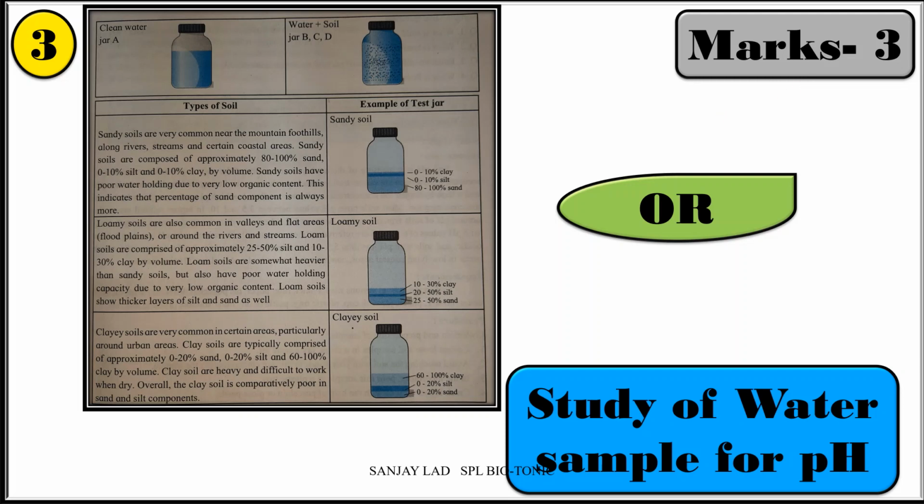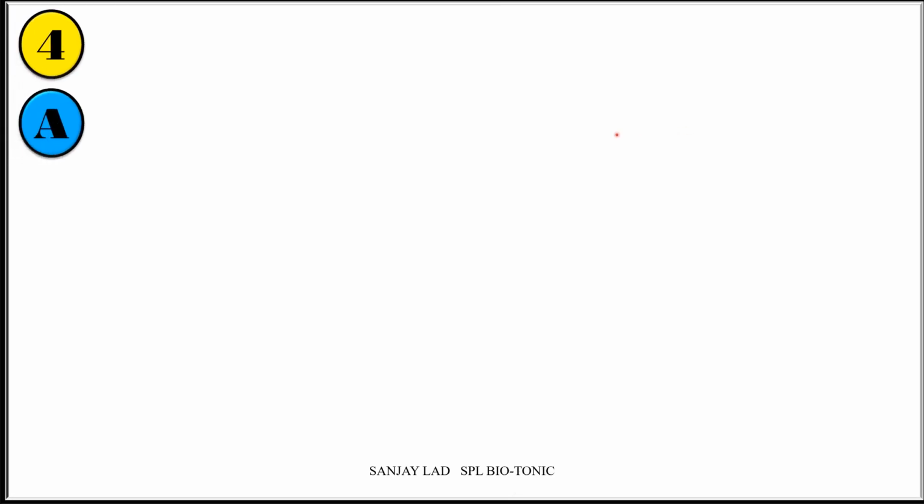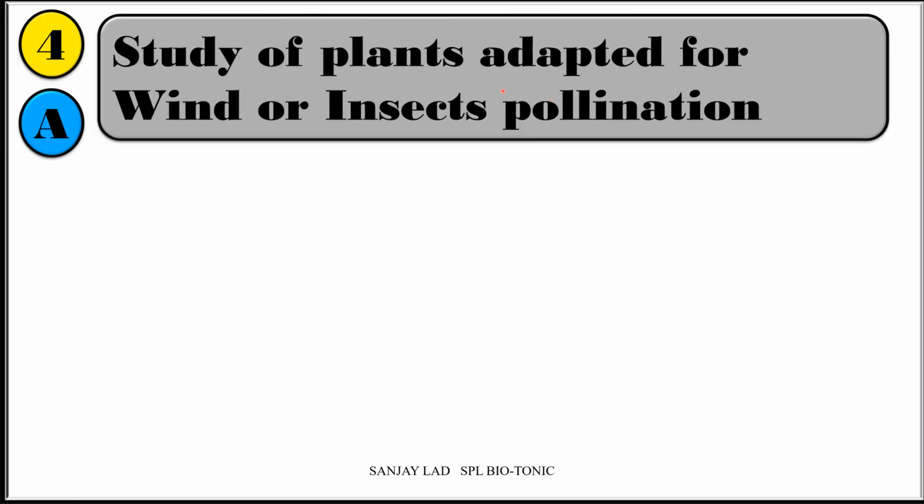Now, question 4 is of identification. There will be 10 spots carrying 1 mark each. Half mark for identification and remaining half mark for description in short. So 4A is identification of plants adapted for wind and insect pollination.